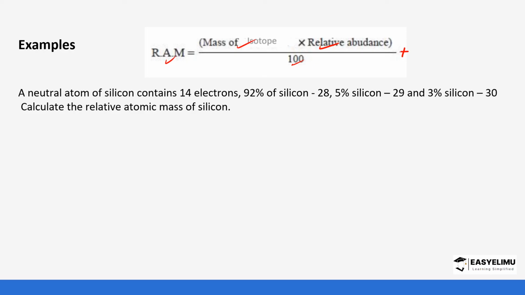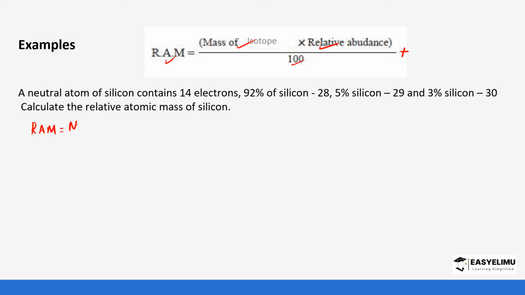So that's the reason why we usually use this formula. It's not easy, when you compare these three atoms of the same element, to know which mass number to use for our calculation. So we do an average, and that is what we refer to as the relative atomic mass. So let's calculate the relative atomic mass of this silicon isotope. We said that the relative atomic mass is equal to the mass of the isotope, which you're going to take one by one.